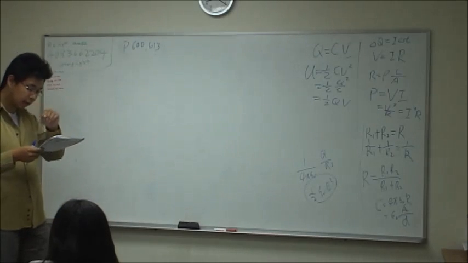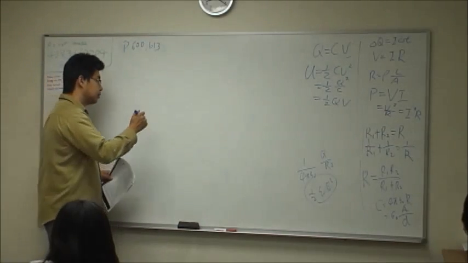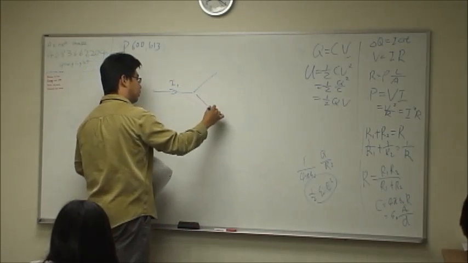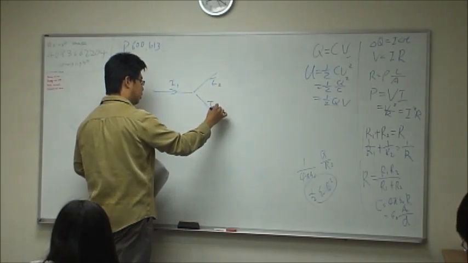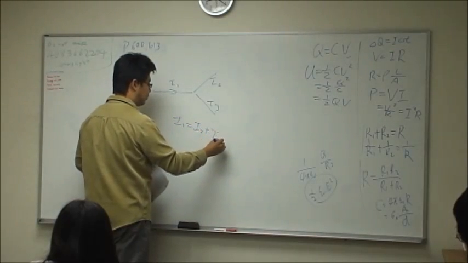And the other thing is that it will be continuous, meaning it doesn't matter how much flows in, the same flows out: I1 will be equal to I2 plus I3.